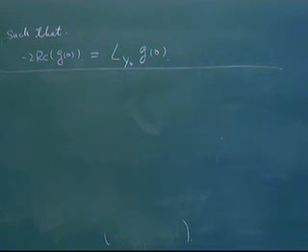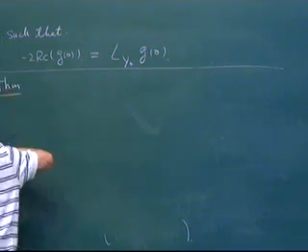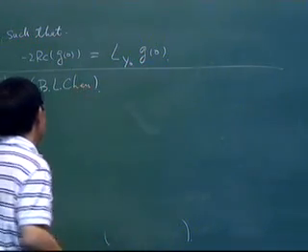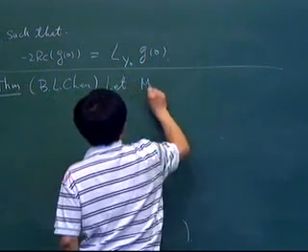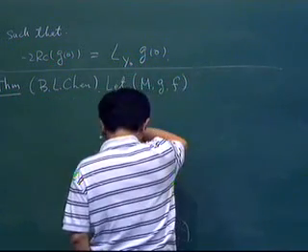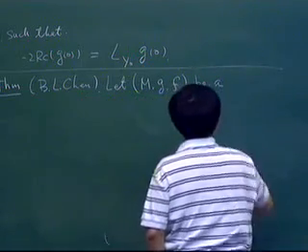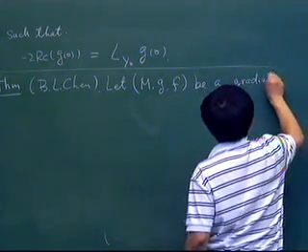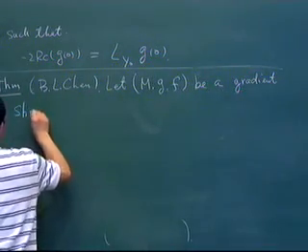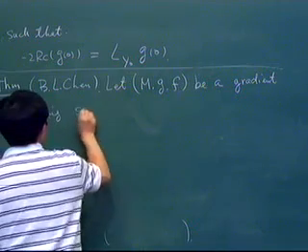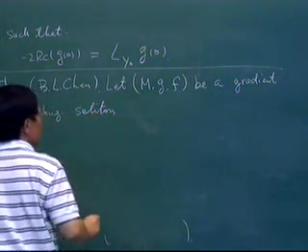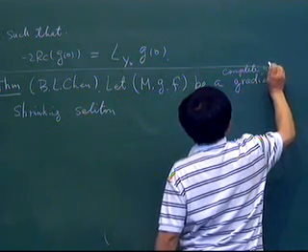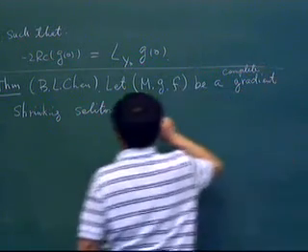This theorem is due to Bing-Long Chen. Let (M, g, f) be a gradient shrinking soliton, all of these complete, so complete and non-compact.